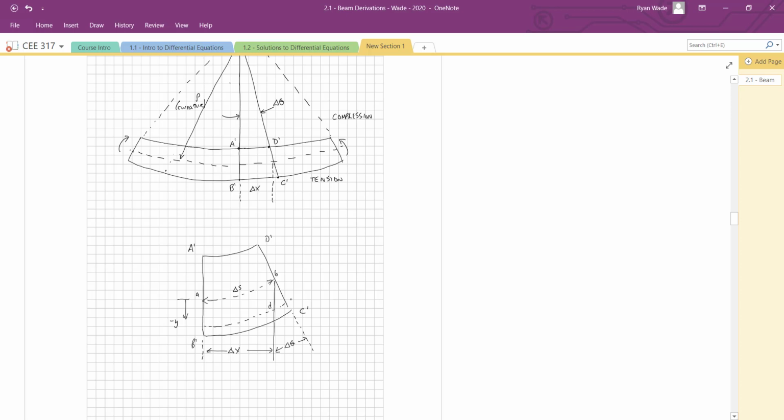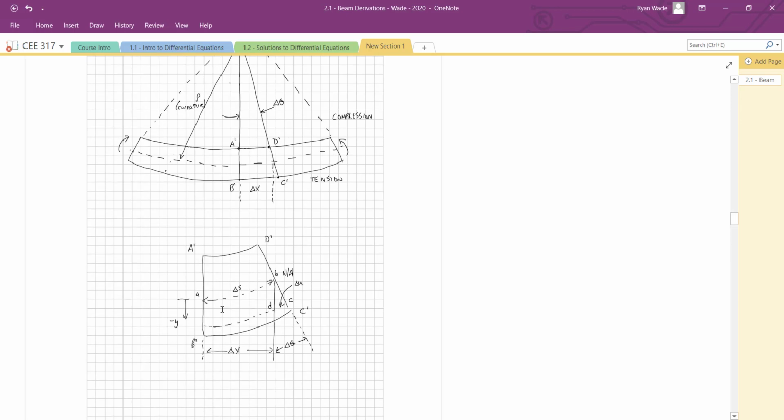And I'm going to label these points D and C. And I'm going to call this change delta U. So this is the neutral axis here. So I've got a delta S, which is the length of the neutral axis. And I've got, in tension, I've got a delta U, which is any given point at negative y. The change from our original length to its new length.